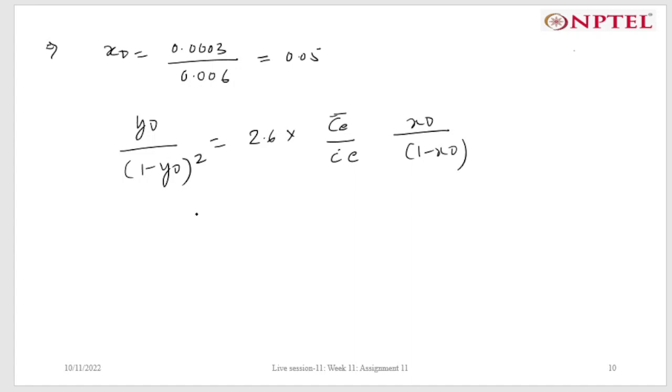Now calculate YD. YD is equal to 0.8657. All of you following or not? Yes, sir.